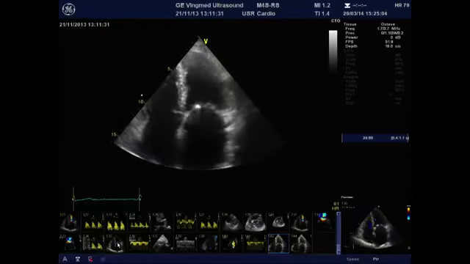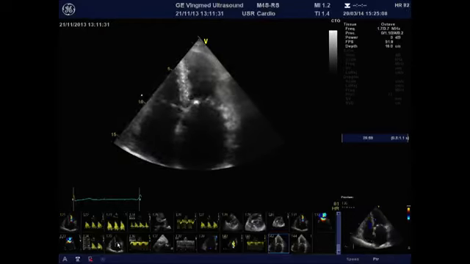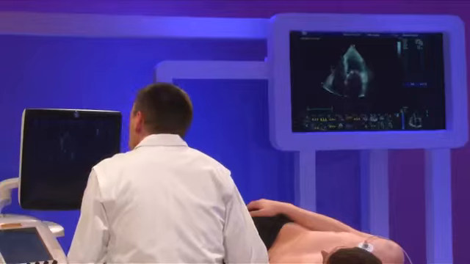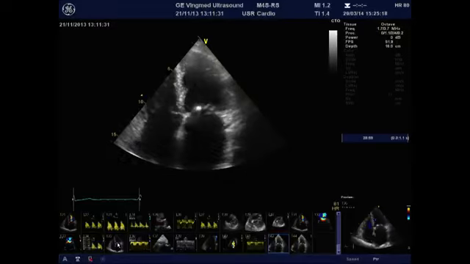An important thing in this case is to assess the tricuspid annulus, because in the setting of moderate or more tricuspid regurgitation and a dilated annulus, there's an indication for performing a tricuspid annuloplasty should the patient undergo mitral valve surgery.